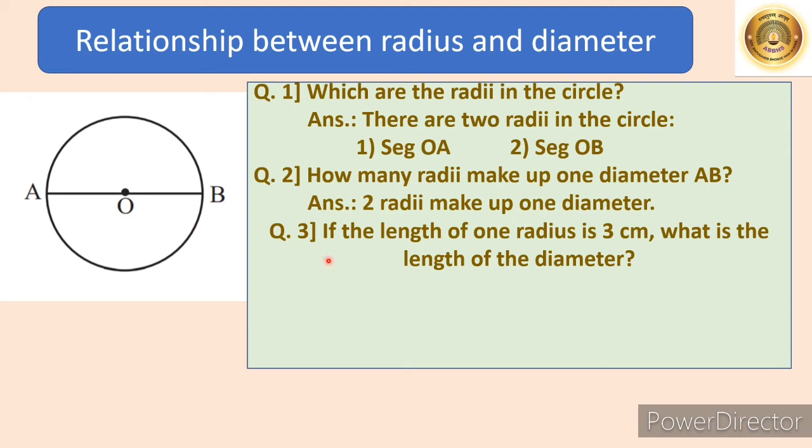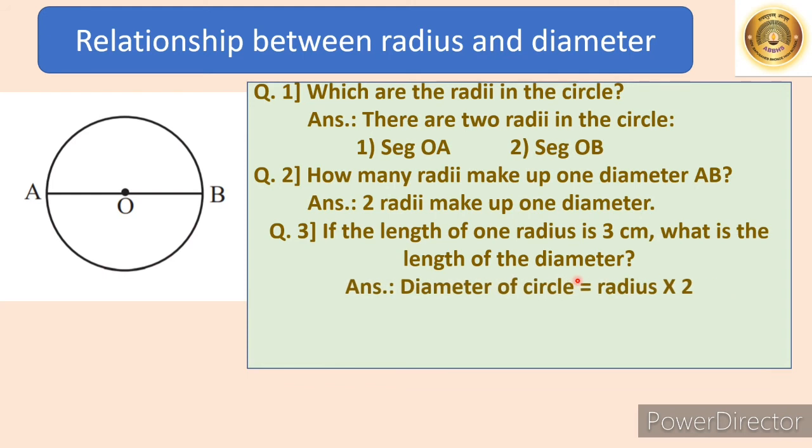Question number 3. If the length of one radius is 3 cm, what is the length of the diameter? You have seen two radii make up one diameter. So if the length of one radius is 3 cm, the diameter will be 2 times its radius.